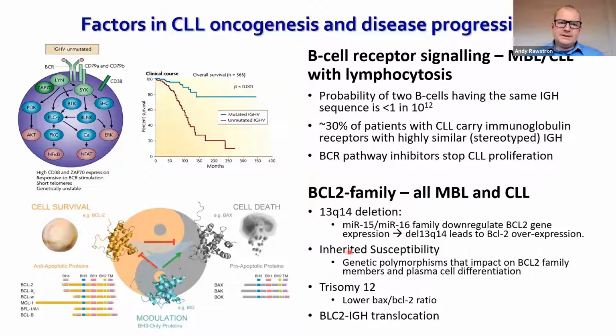Those disadvantages of inhibiting the B-cell receptor signaling have led people to look for treatment approaches that will target the BCL2 family, and we've now, over the past few years, seen a very effective treatment that targets BCL2.